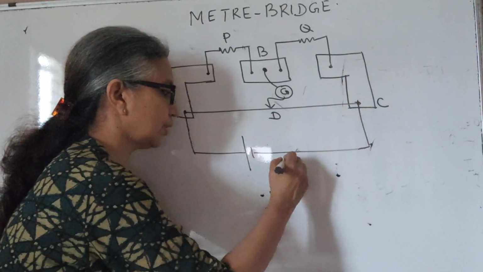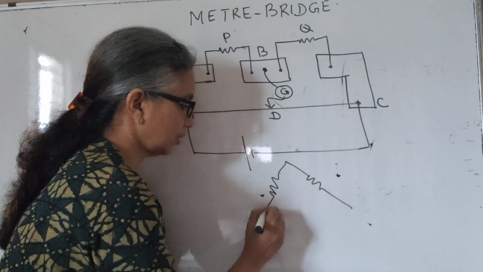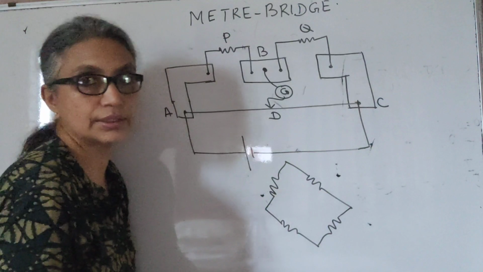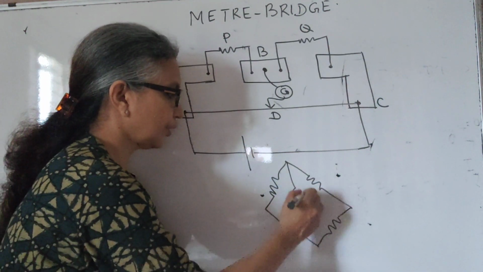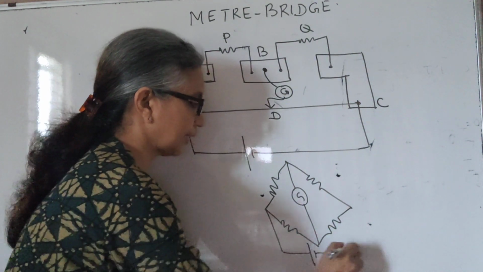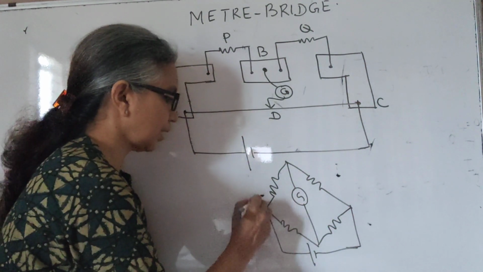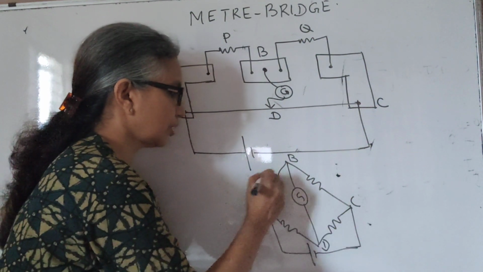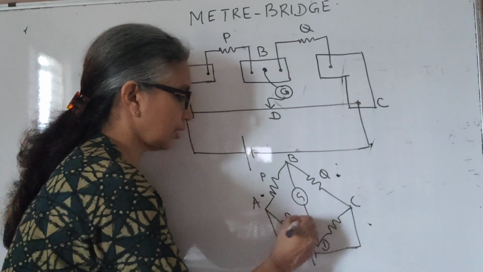We have a resistance here, then here, and here. And in between these 2 points we have the galvanometer, and between these 2 points we have the cell. And we had marked this as A, B, C and D. This was our P, Q and R, S.